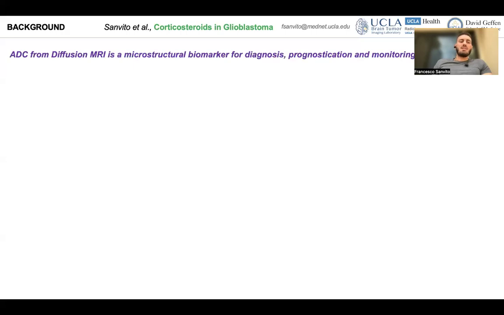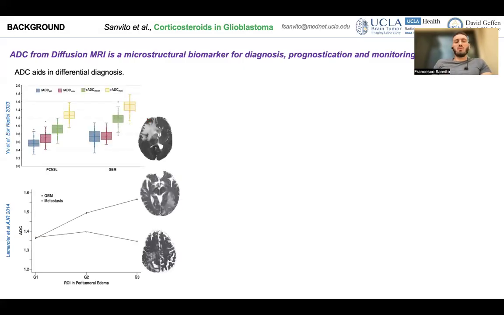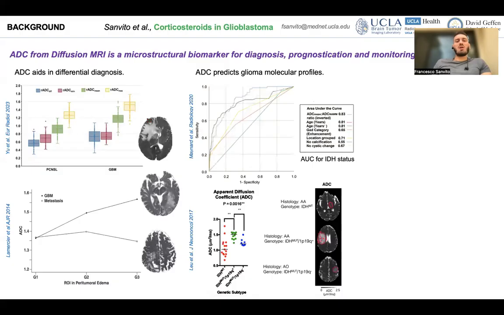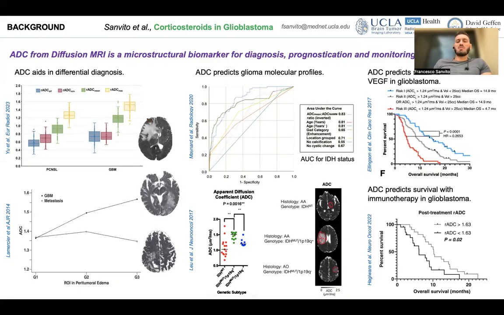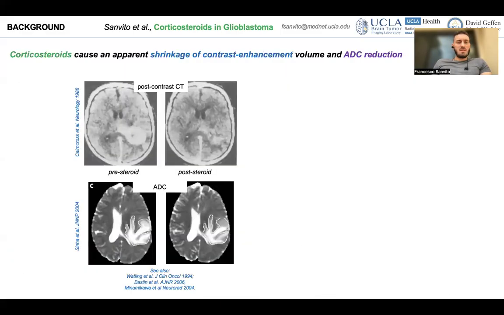On the other hand, ADC from diffusion MRI is a macrostructural biomarker. It's been shown to be helpful for differential diagnosis of brain tumors, to profile the molecular subtypes of gliomas, and to stratify prognosis of glioblastoma and predict treatment response in some specific cases.